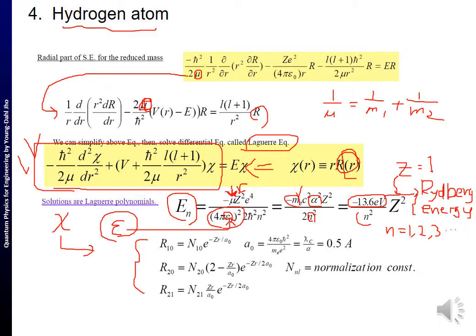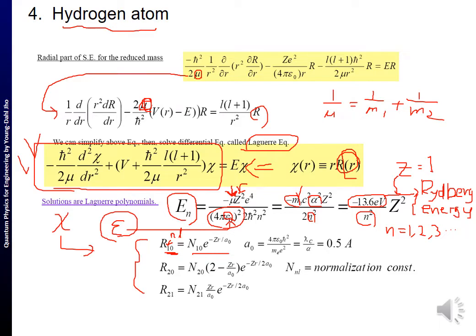And as we increase n, the energy will change. And also from the Laguerre polynomial we can get the R. And R depends on the principal quantum number n and then the angular momentum quantum number L. For example, if n is 1, L should be 0. That's it. Then you don't need to calculate this, you just accept this and use it.